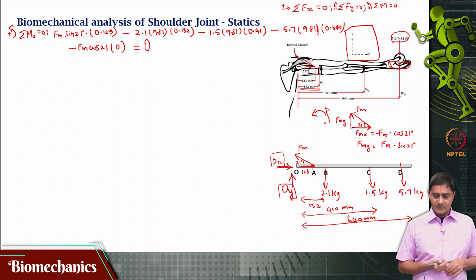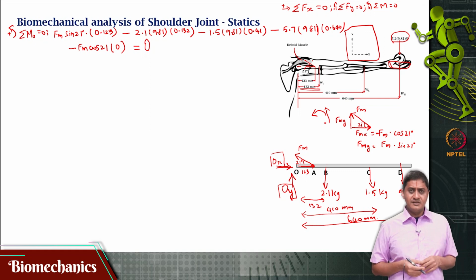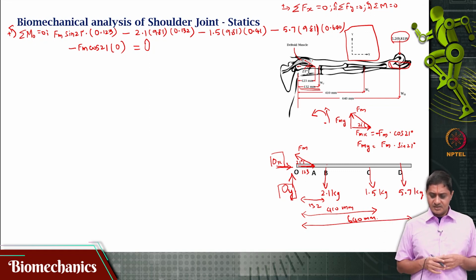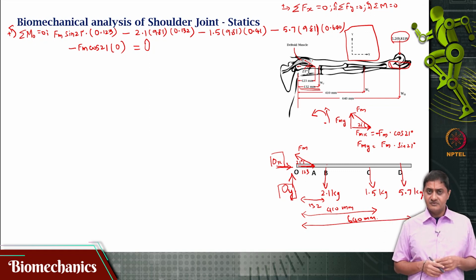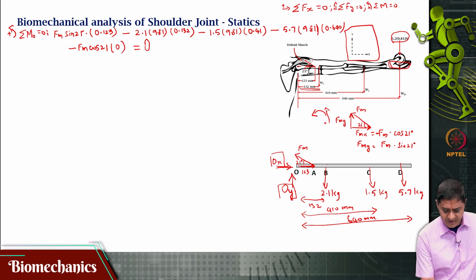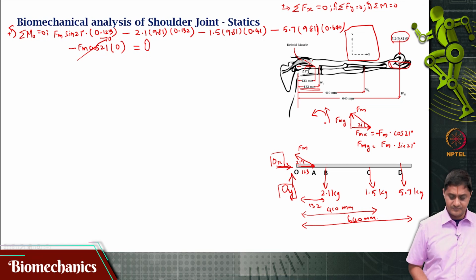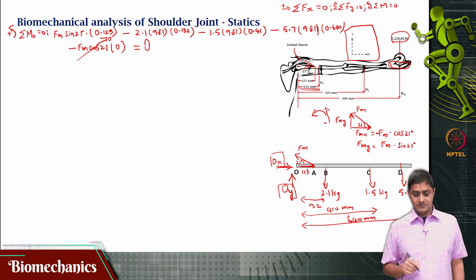Okay, I am not doing the numerical. I request you to try and solve for Fm. This is a single equation in one variable. You will only have to simplify this equation, and when you simplify it, you will find there is no Fm cos 21 term.